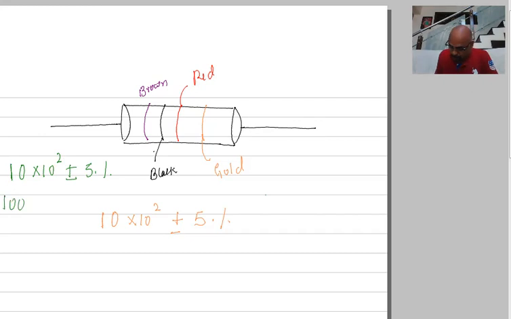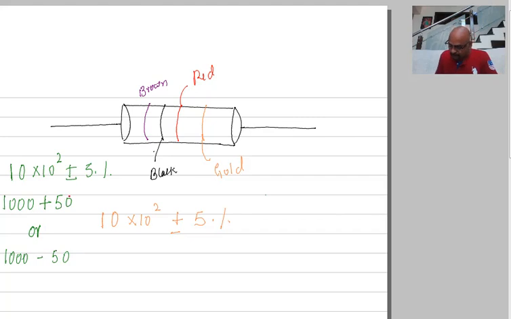What is that? 1000. 1000 plus or minus 5%. What is 5% of 1000? 50. That means 1000 plus 50 or 1000 minus 50.